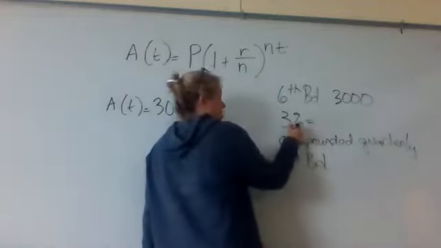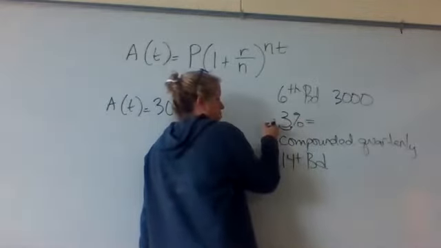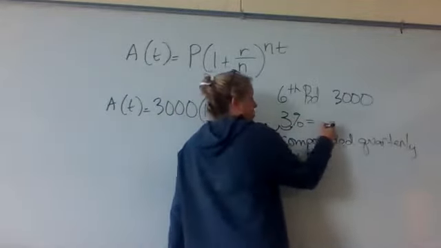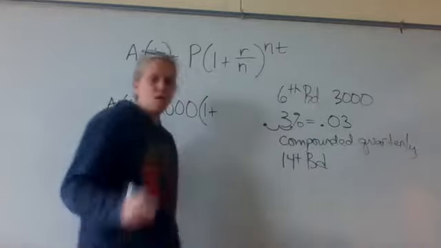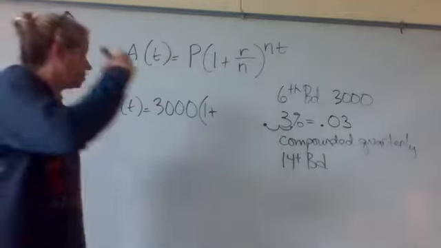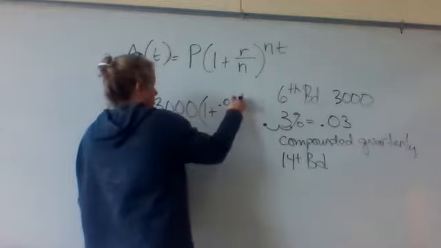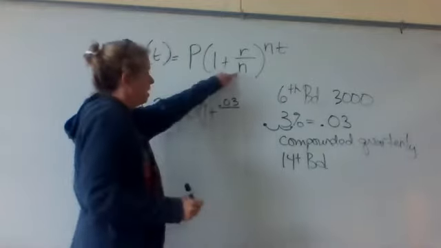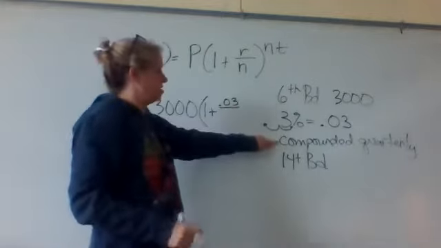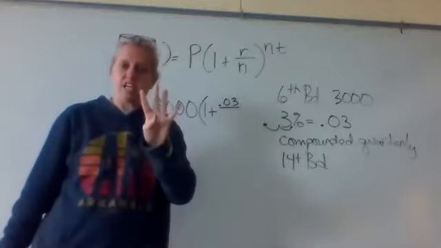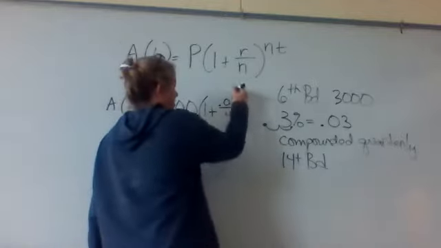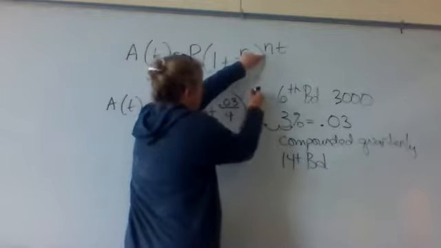If I change this to a decimal, move the decimal 2 places to the left, it's going to be 0.03. The n is the number of times compounded a year. If it's compounded quarterly, that's going to be 4 times again. So the n goes in 2 spots.